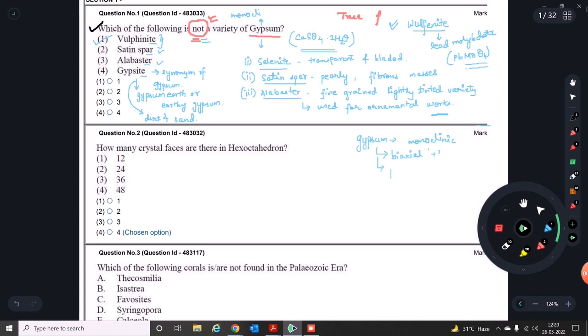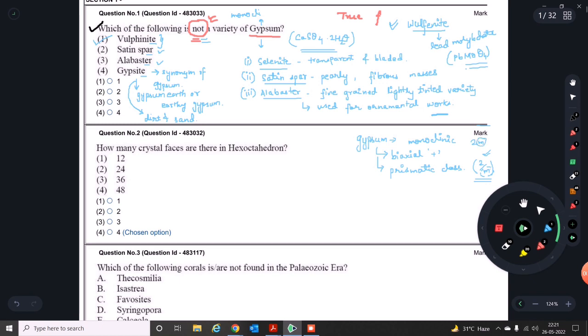Its crystal class is prismatic, which has the HM symbol, that is the Hermann-Mauguin symbol, 2/m. That means there is a two-fold axis, and there is a mirror plane as well, which is perpendicular to the two-fold axis.